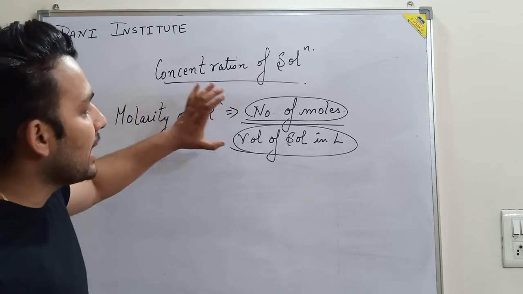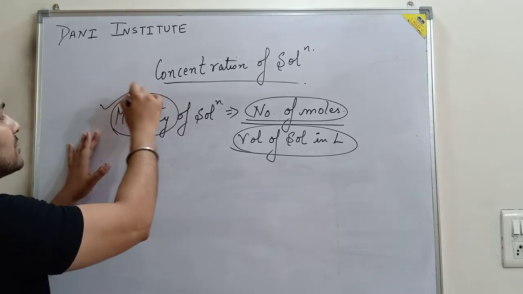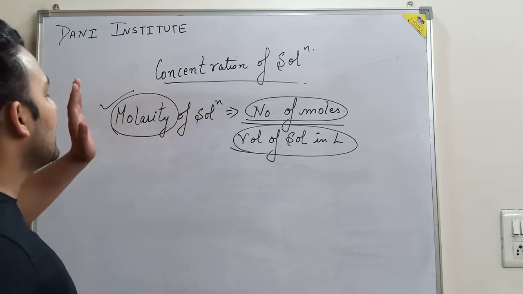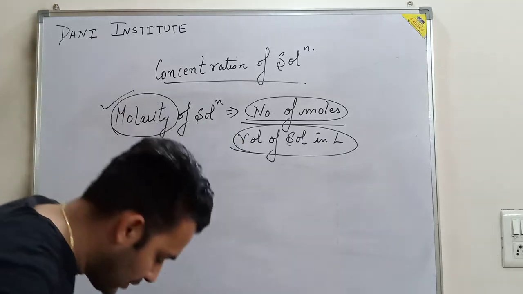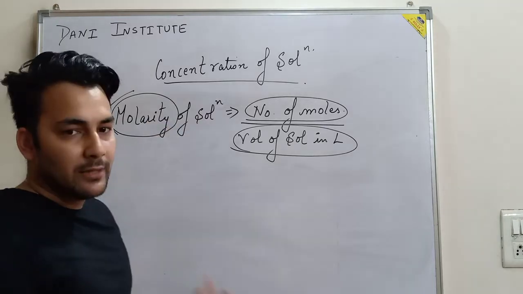So by applying this formula we can find the molarity of solution. Now the numericals are related with the formula. Please note down the formula first, then we will proceed with the numerical.